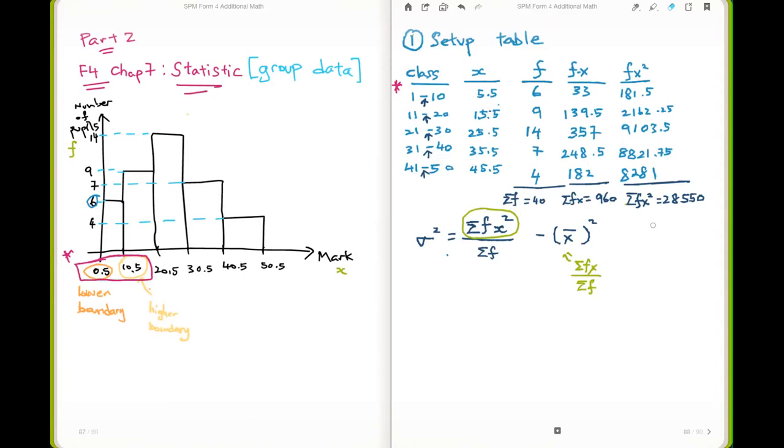There are some questions where you need to find the median, so maybe add another column, put it here.